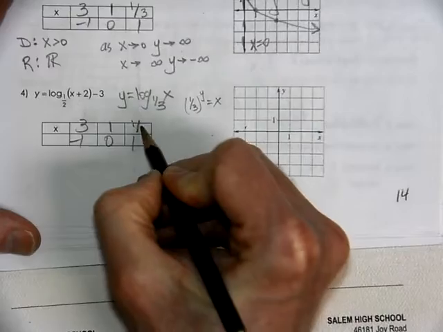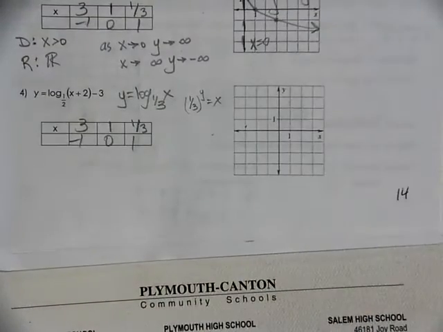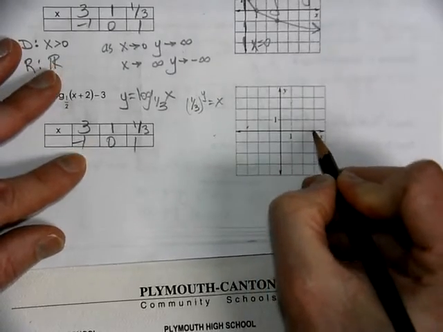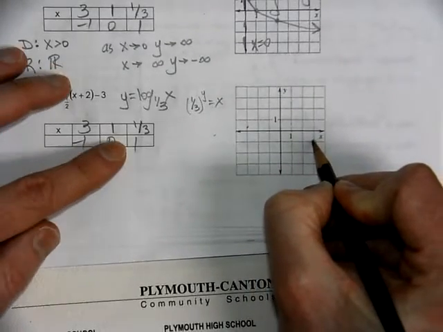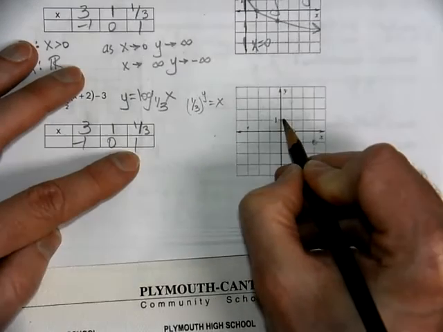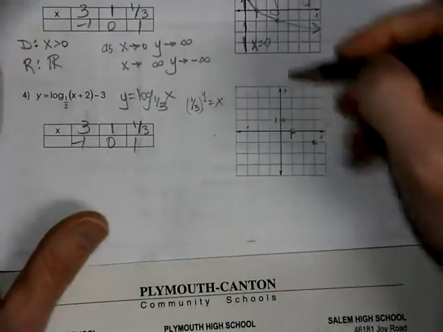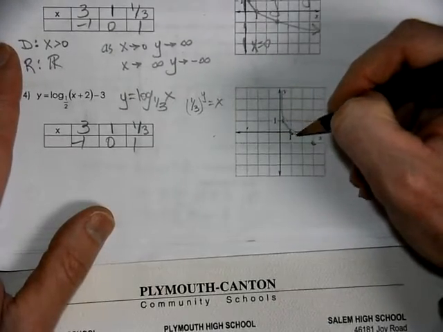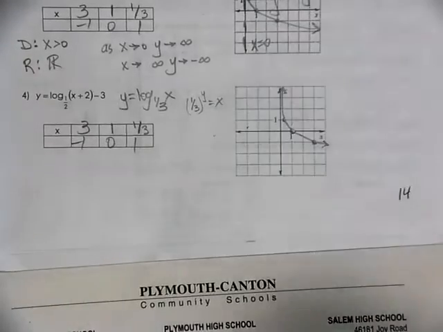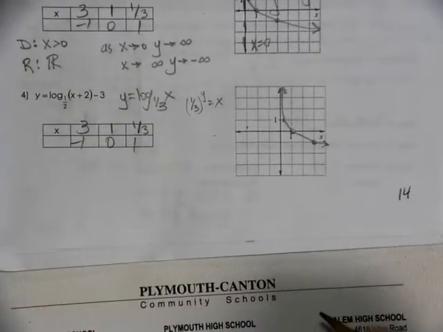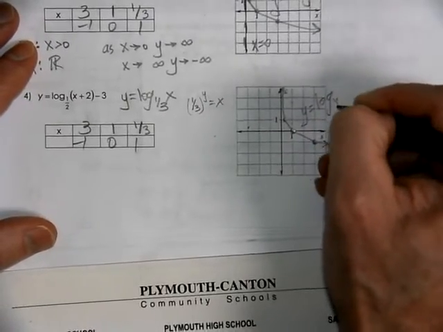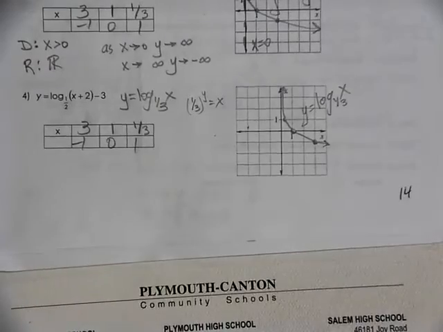And the first power always makes it that b value. So when you're out at 3, you're down at -1, 1, 0, and 1/3, 1. So you can clearly see that this is a decay, and we're not surprised because the b value is between 0 and 1. So this is a graph, log base 1/3 of x.